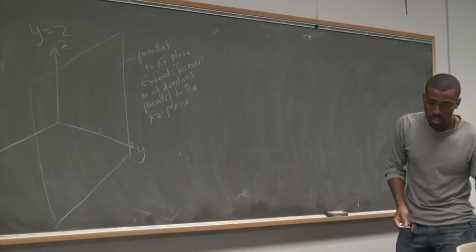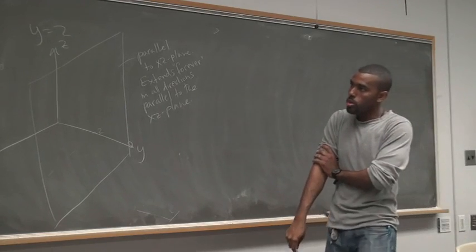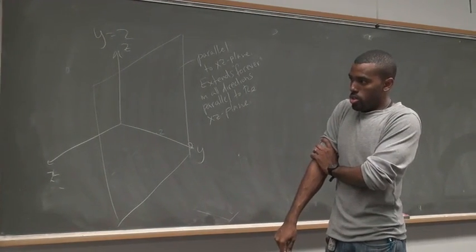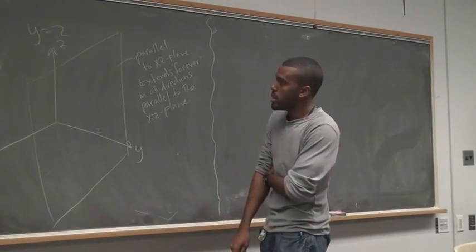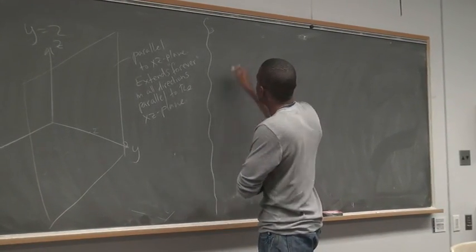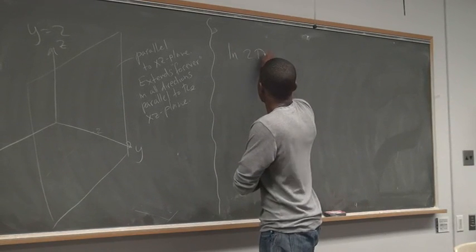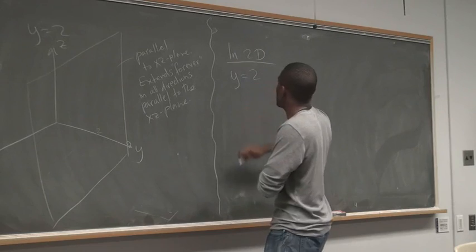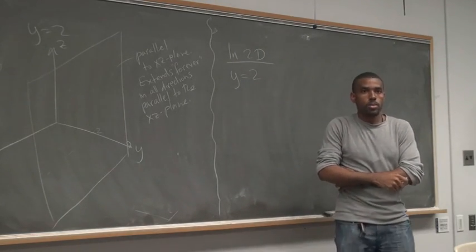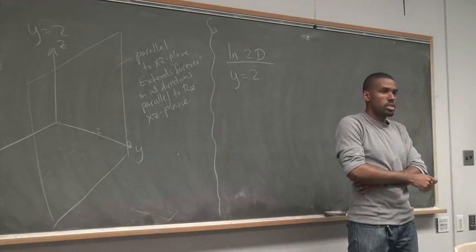One thing to note here is that things are usually going to bump up a dimension. What do I mean by that? If you have in 2D y equals 2, what kind of curve is that? Straight line.